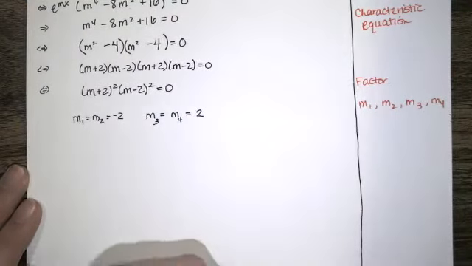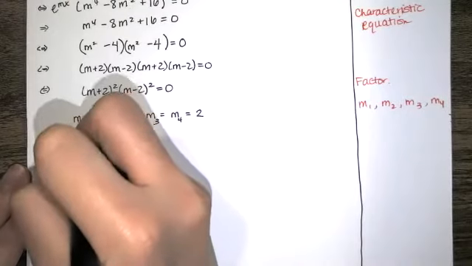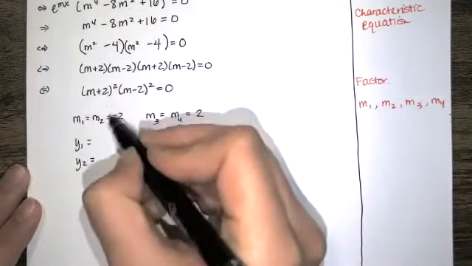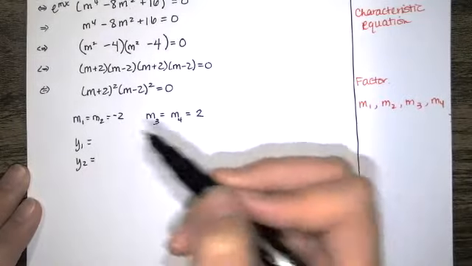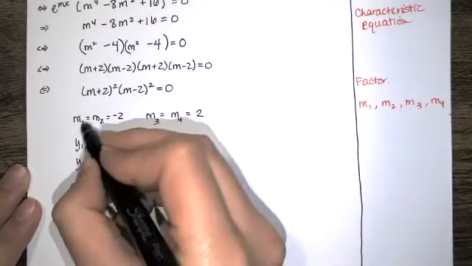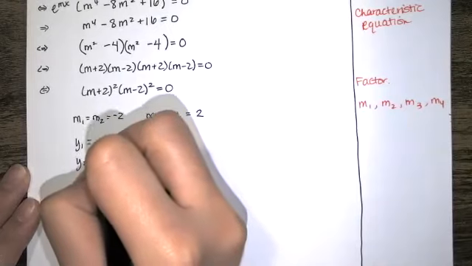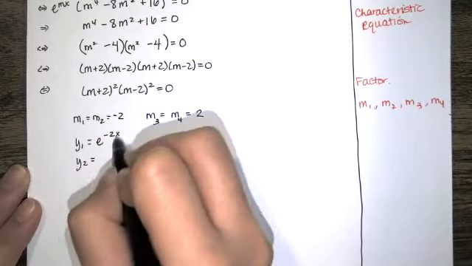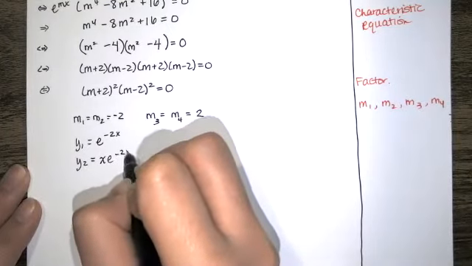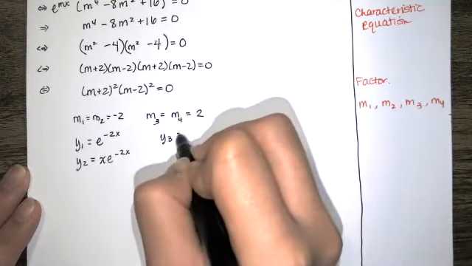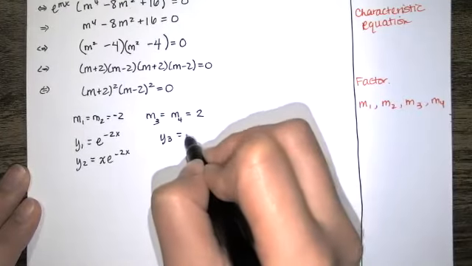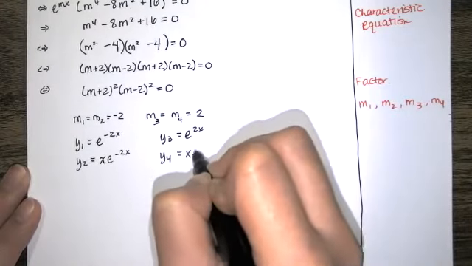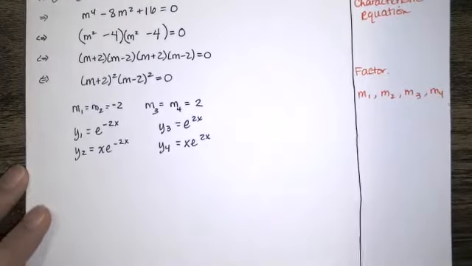Now, since we have repeated roots, we get two solutions for each of those repeated roots. Because it's repeated twice, we get two solutions. Since m1 equals negative 2, y1 is e to the negative 2x. y2 is that times an extra x. Over here, we have y3 equals e to the m3x, and y4 is x times e to the m3x.